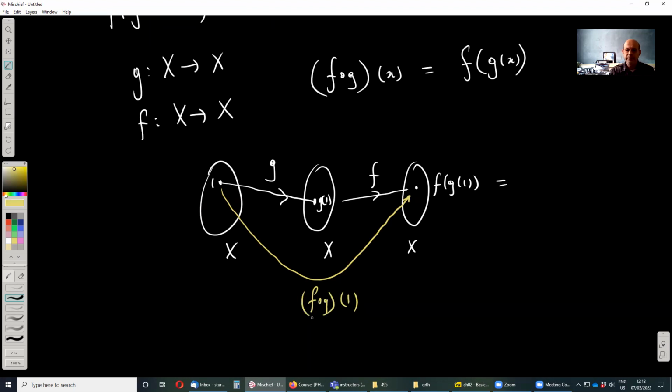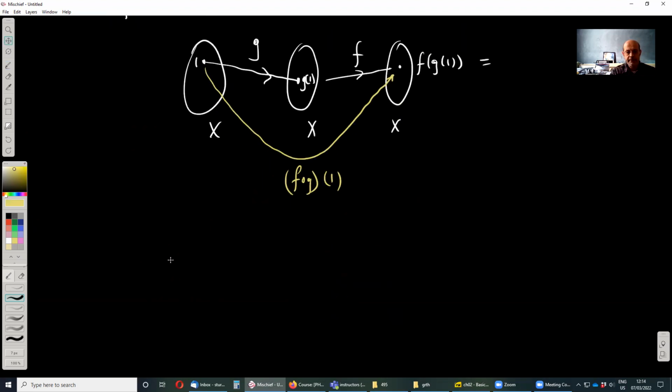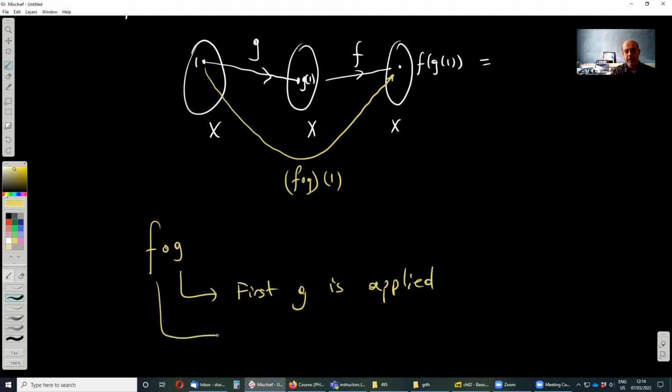I know that you use this symbol for function composition in calculus, so I'm just going to use the same symbol again for now. So this f of g means first, g is applied, then f is applied, okay? So the order in which the operation is applied is from right to left. Just keep this in mind.